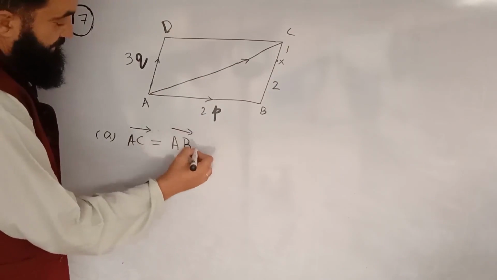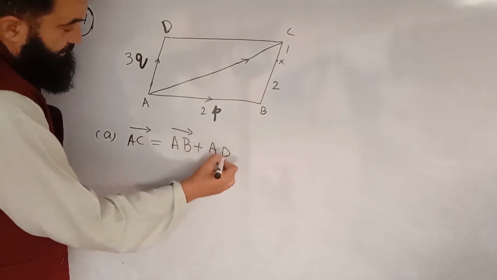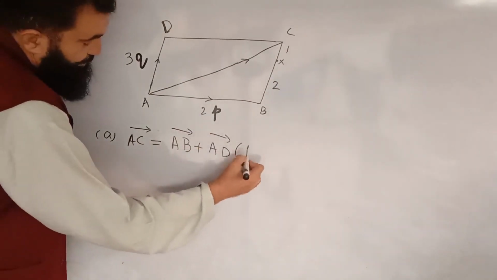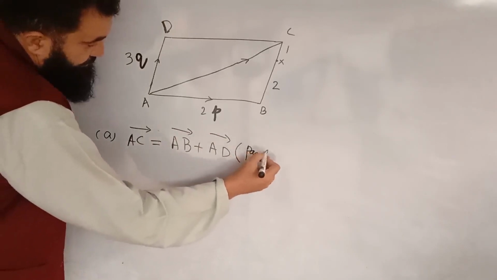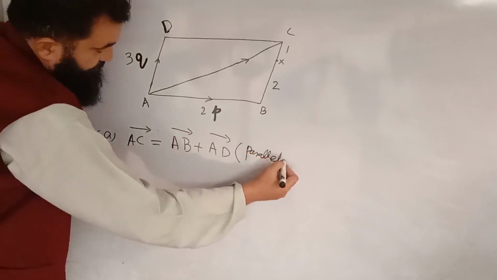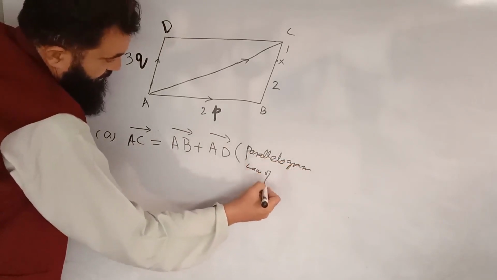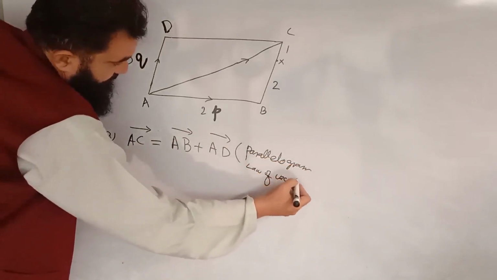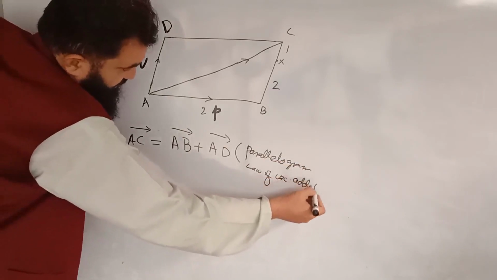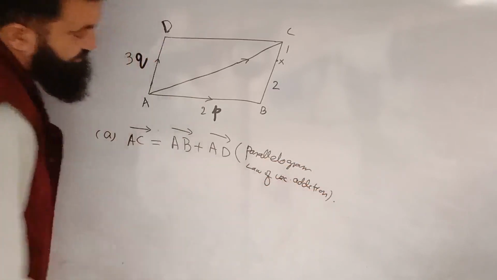AB plus AD. It is given as the parallelogram law of vector addition. So this is the reason. Reason is necessary to mention.